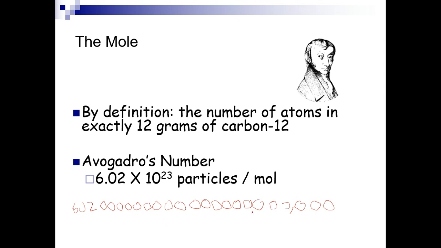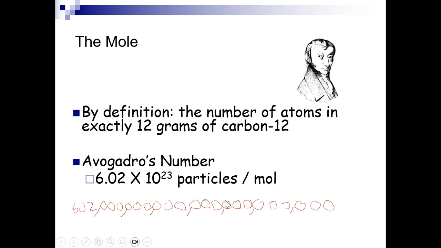A mole of particles is an astronomically huge number of particles. It is big, and the reason why we choose such a large number to count with is because the things we count with are very, very small.